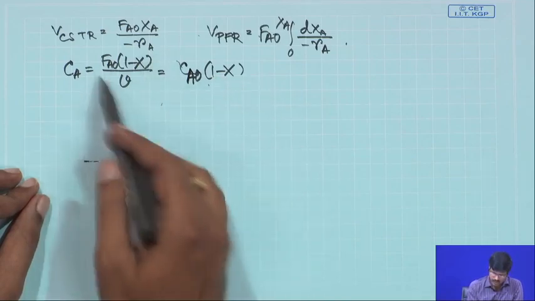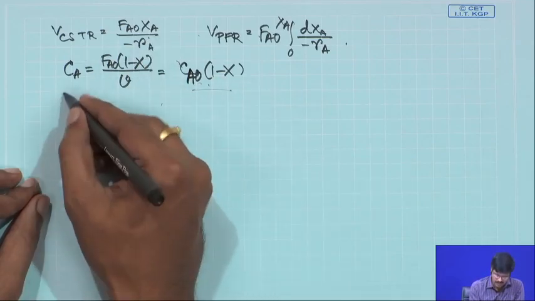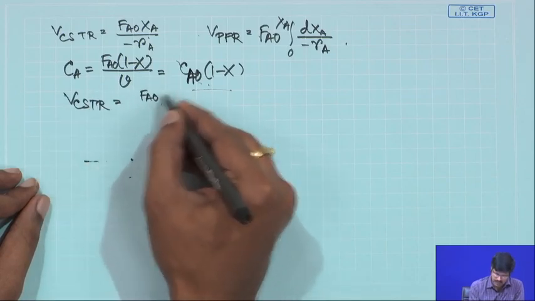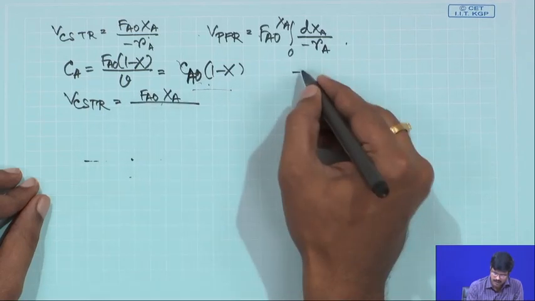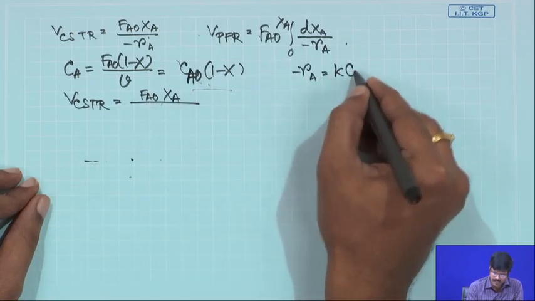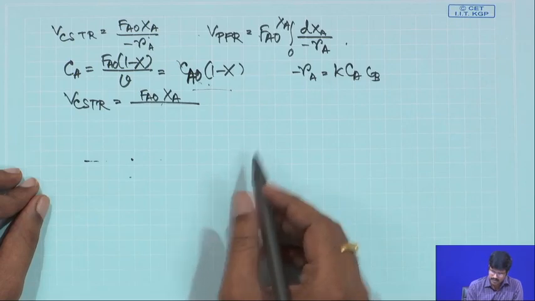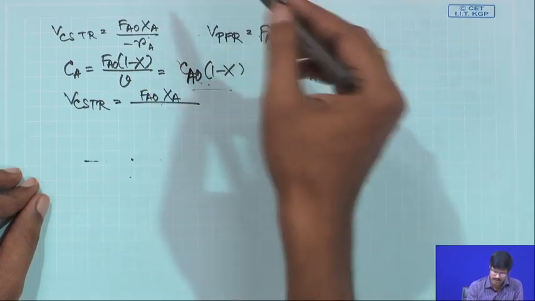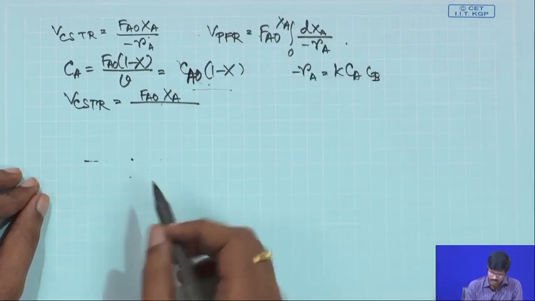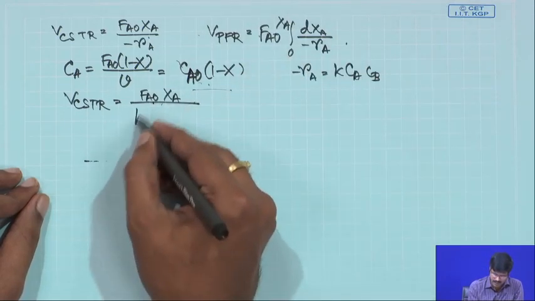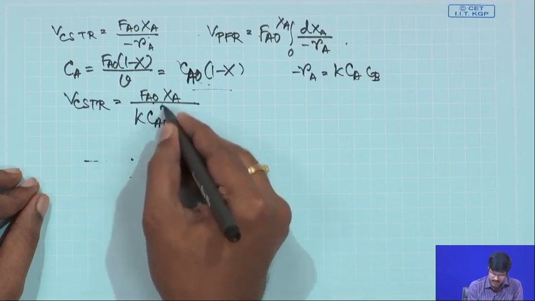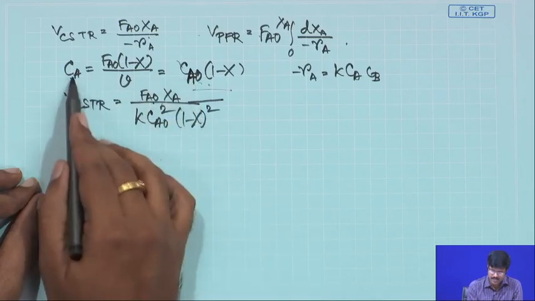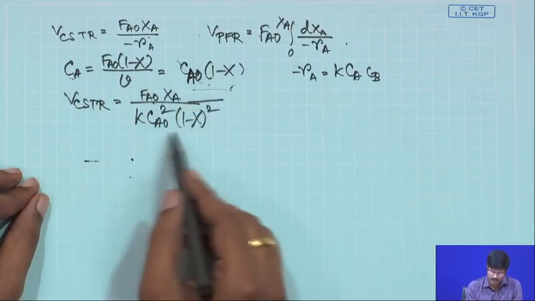So, if you put this expression in VCSTR, it will be equal to Fa0 into Xa divided by, remember, minus Ra is equal to K into Ca into Cb. And Ca0 and Cb0 are the same, we have already talked about that. So, this will be Fa0 into Xa divided by K Ca0 square into 1 minus x square, because Ca is this, Cb is also this, equal molar flow.